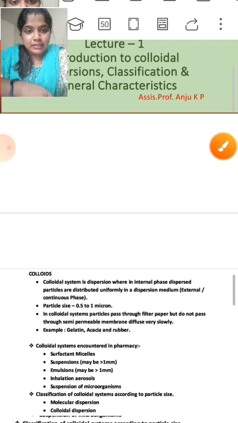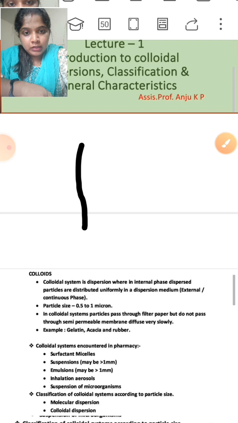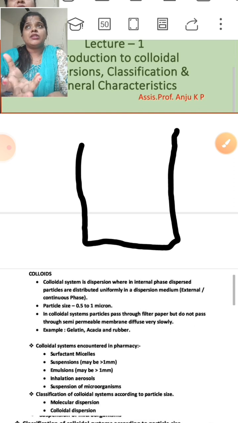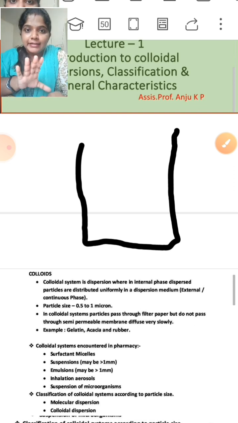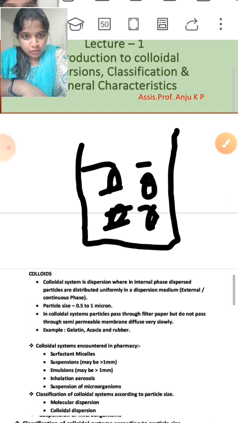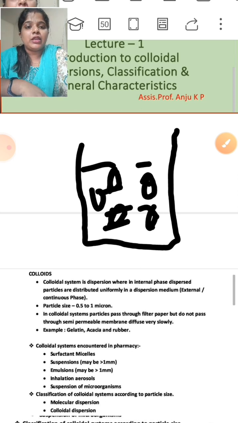Consider this, a sugar solution. Imagine it is a sugar solution or a sodium chloride solution, anything. So we have taken the NaCl solution. These are the sodium chloride globules, or if it is a sugar solution, they are sugar molecules.